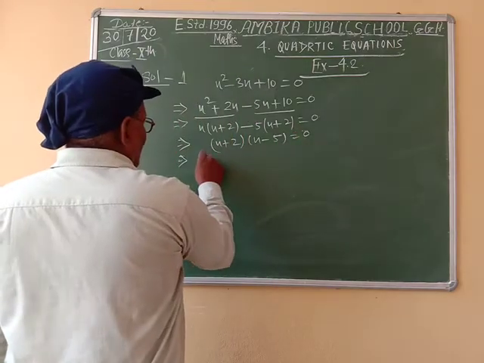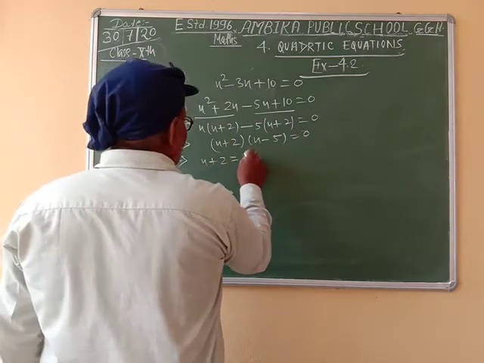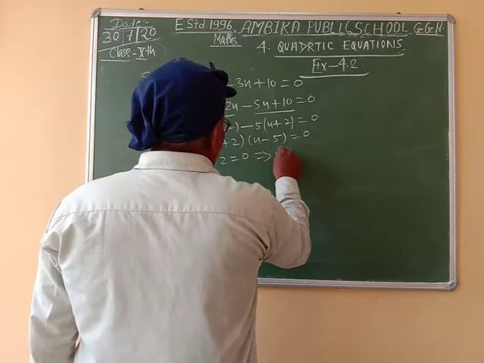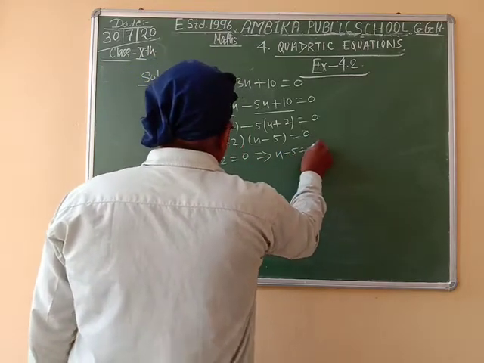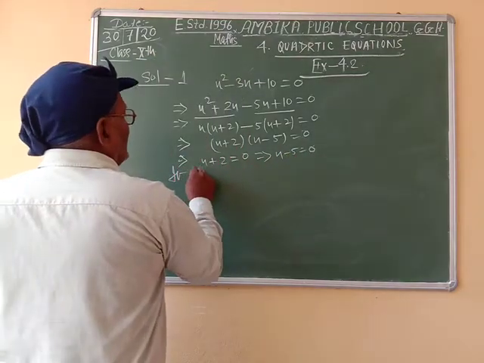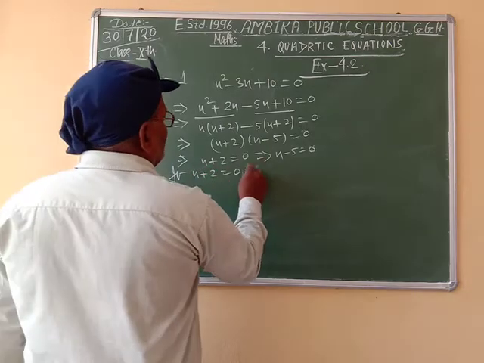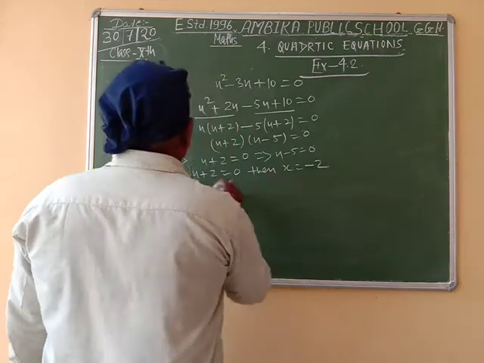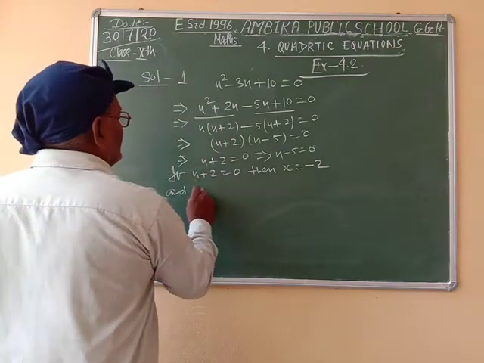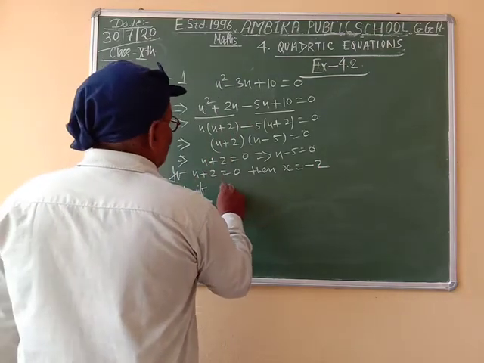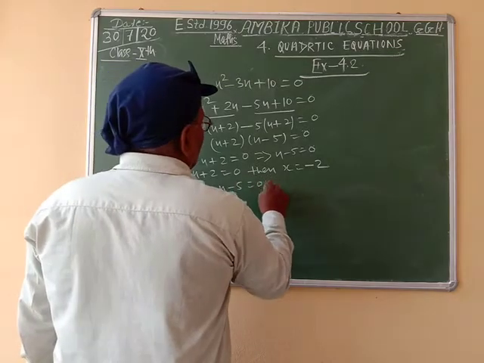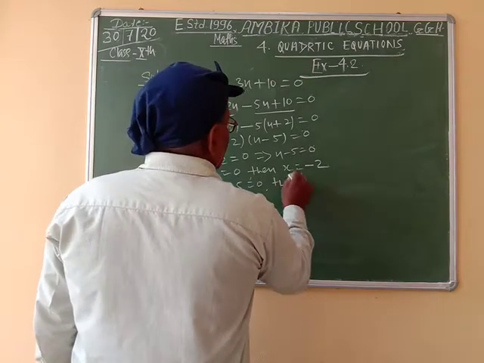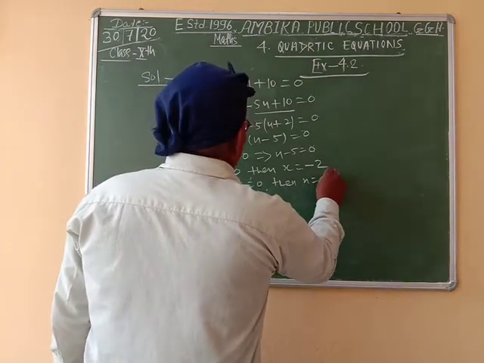Then x plus 2 equals 0, and x minus 5 equals 0. If x plus 2 equals 0, then x is equal to minus 2, and if x minus 5 is equal to 0, then x is equal to 5.